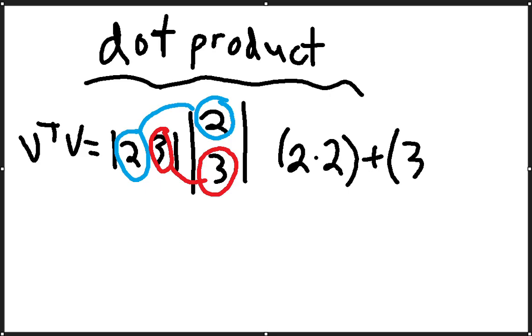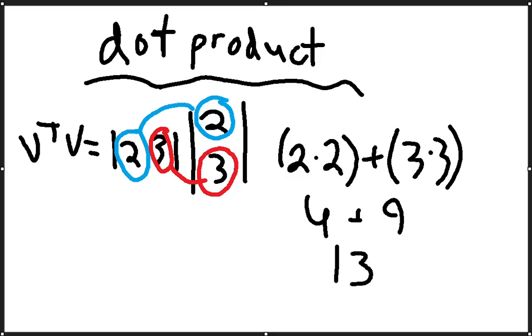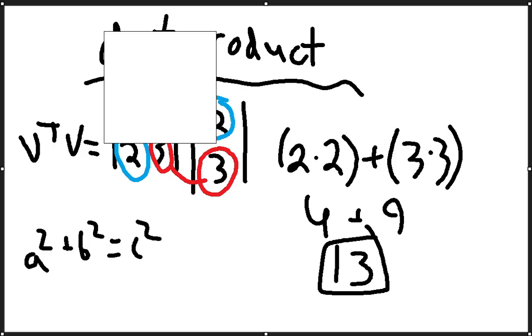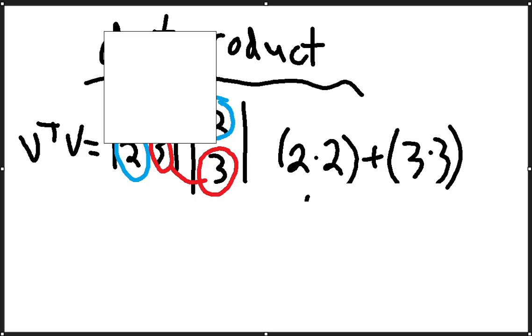So it's going to be 3 times 3. So that's going to be 4 plus 9, which is equal to 13. That's the dot product. And if you might recall, this is a bit like Pythagoras' theorem with a squared plus b squared equals c squared. And it is, because it measures how much the vector is, how strong it is, so to speak.